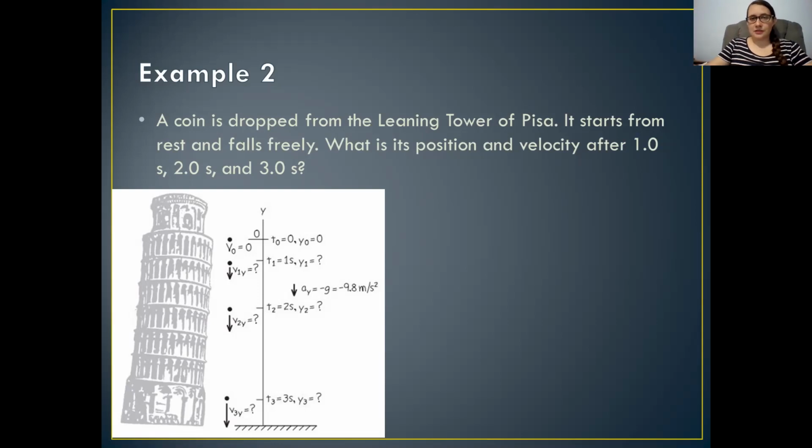We're on Earth, it's the Leaning Tower of Pisa. So the acceleration of this coin is negative 9.8 meters per second squared, right? Anytime we're on Earth and something is falling, we automatically know the acceleration, negative 9.8 meters per second squared. Great.